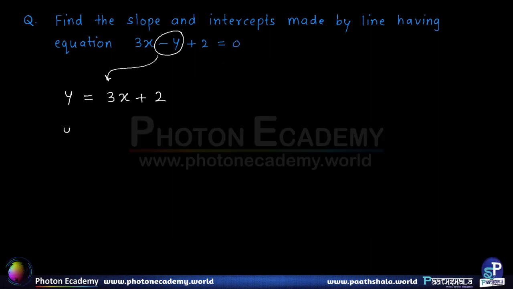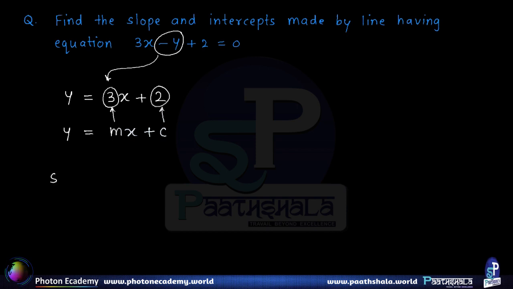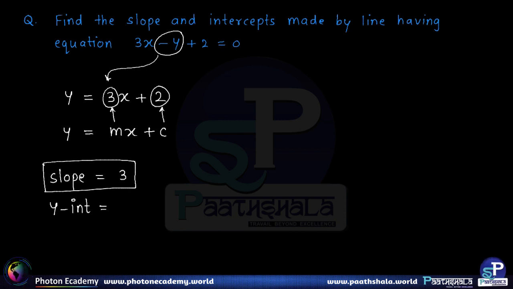If you compare this with the equation y is equal to mx plus c, clearly m is nothing but 3, that's the slope, and the y intercept is nothing but 2. So we got the slope equal to 3 and the y intercept equal to 2.